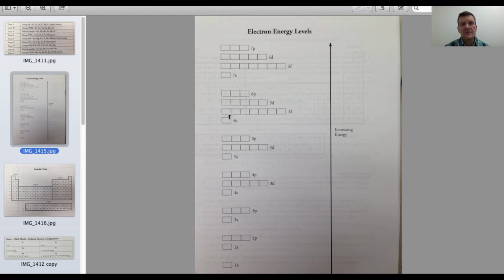It actually comes after the 6S and before the 5D and the 6P. So that's why it's located in the 6th row, and the 5F is located in the 7th row, just because of the energy position. So unfortunately, the numbering system throws us off a little bit. All right?